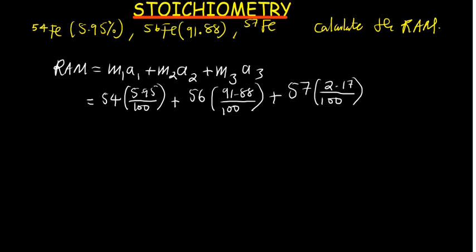So you can just work that out now on a calculator. If you punch what we have here on a calculator, we are going to find 55.90. That is the relative atomic mass for iron. We can see what is given on the periodic table.